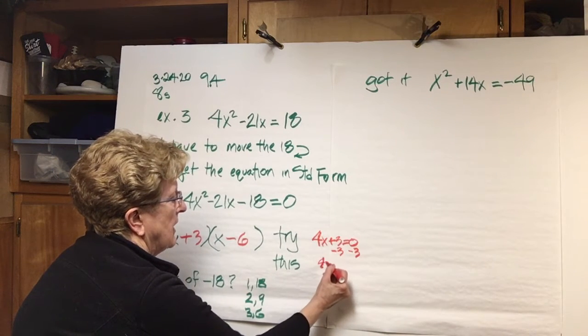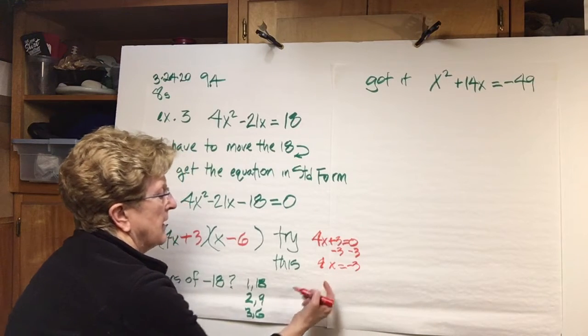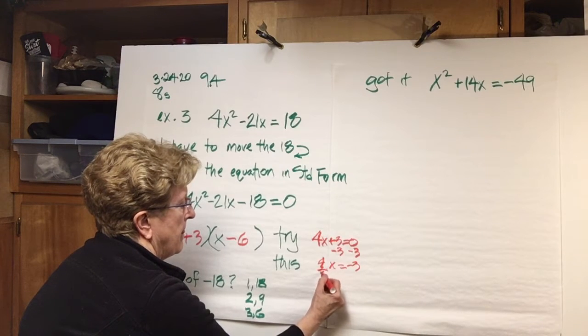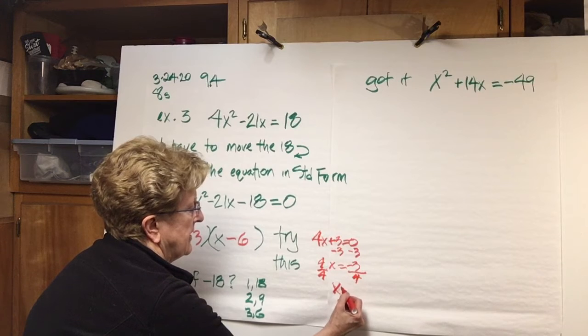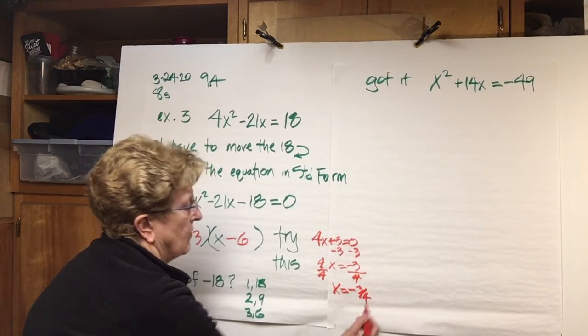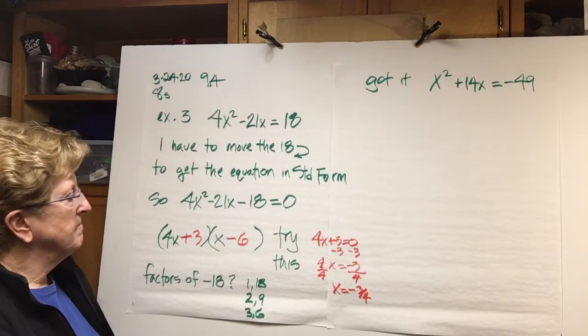And so 4x equals negative 3. And I'm going to divide away that 4. So x equals negative 3/4. Wow. That goes really close to the y-axis, doesn't it?